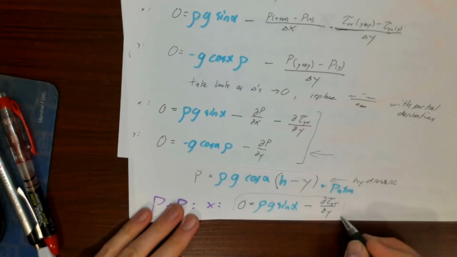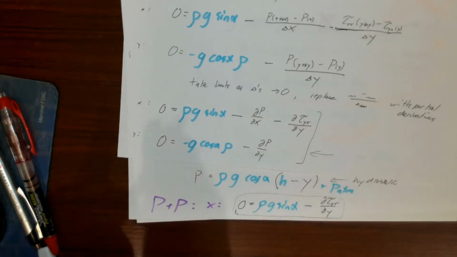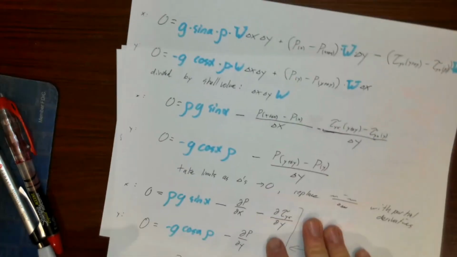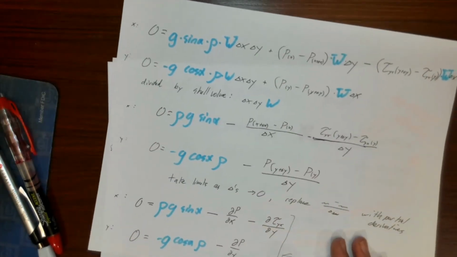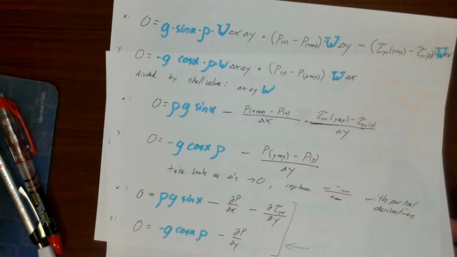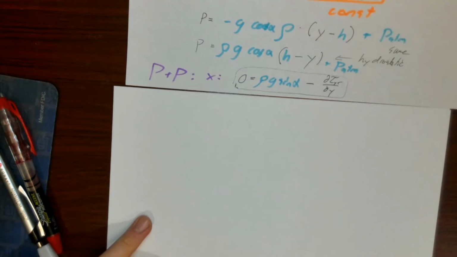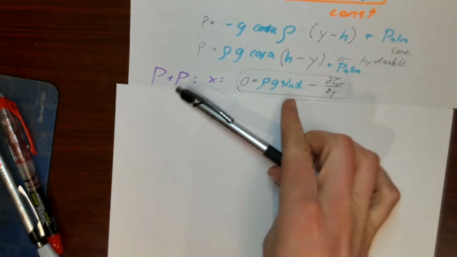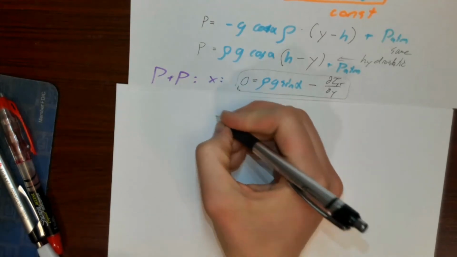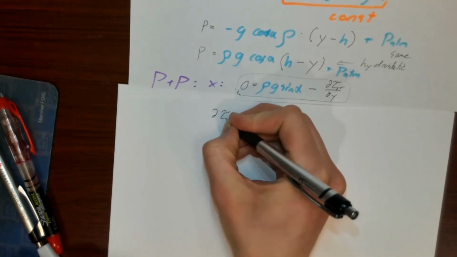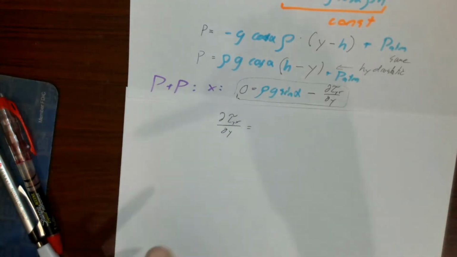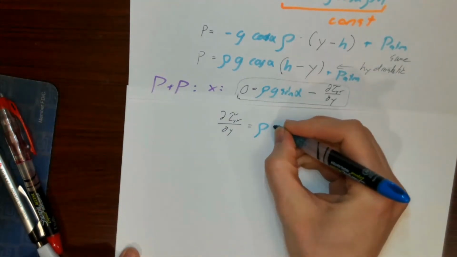Let's see what kind of progress we can make with this. Ultimately our goal is to figure out velocity profiles, but first I'm going to see what progress we can make on this shear stress equation. So what is this going to look like? Well, I'm going to bring this over to the left-hand side. So I can basically have partial tau yx dy is equal to rho g sine alpha.